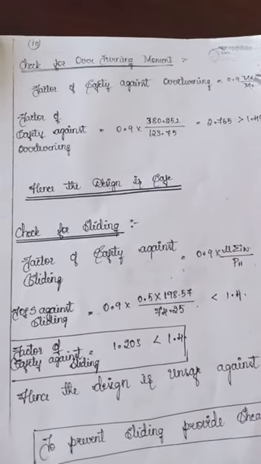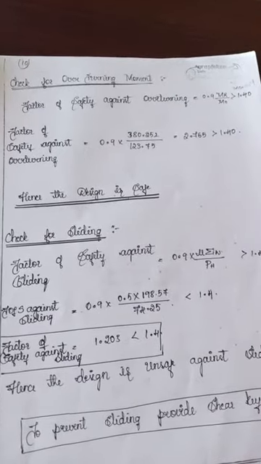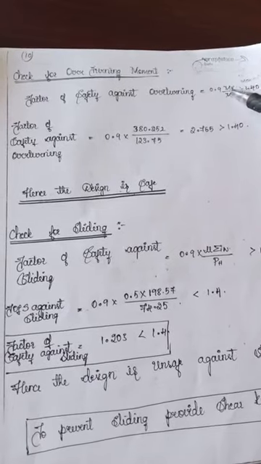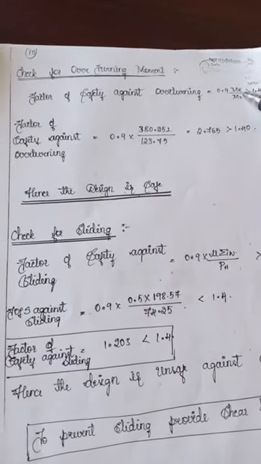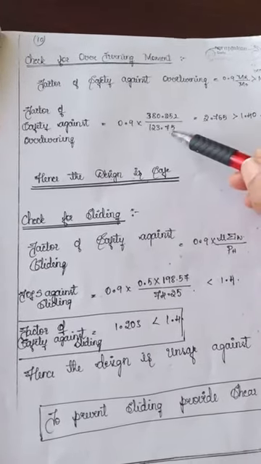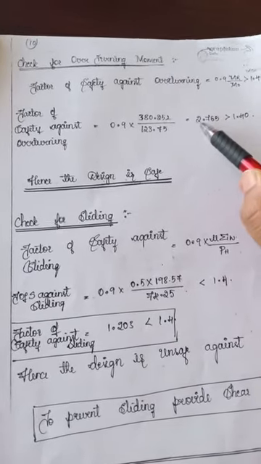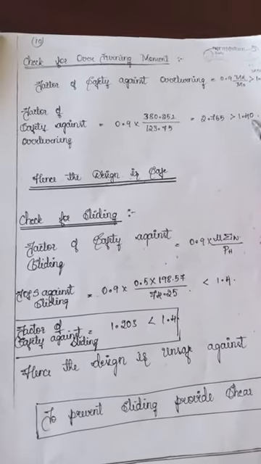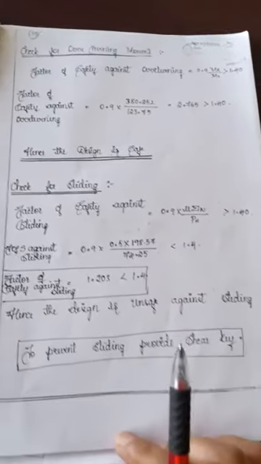We use the formula for factor of safety against overturning, which is 0.9 Mr by M naught, and it should be greater than 1.4. Here M naught is the overturning moment and Mr is the resisting moment. Substituting the corresponding values, whatever value we get is greater than 1.4, hence the design is safe.